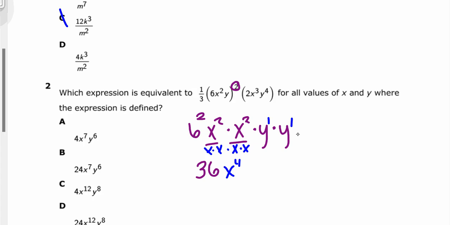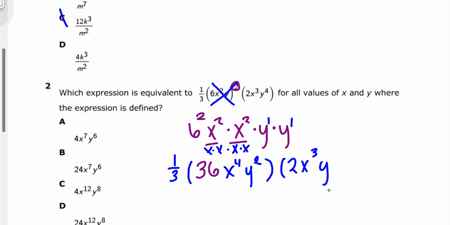We don't see those ones. That would be y to the 2nd power, or y times y would be y to the 2nd power. Okay, so we took care of this now, and now I have my new problem. I have 1/3 times this times 2x to the 3rd and y to the 4th.